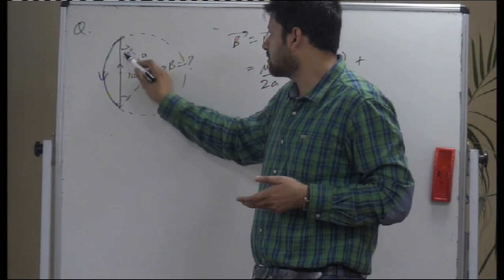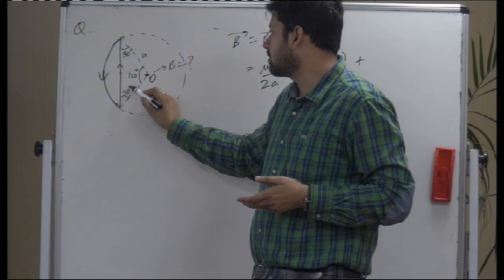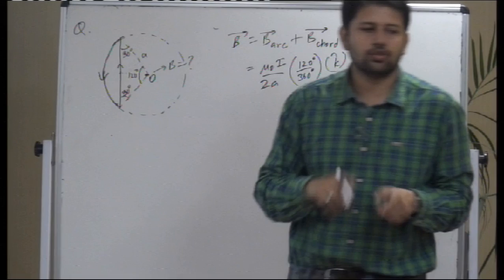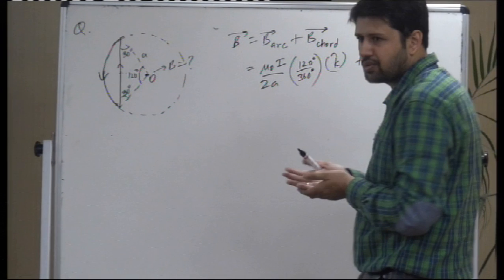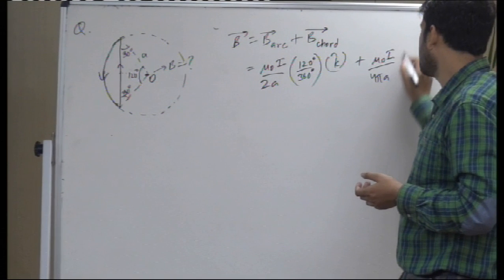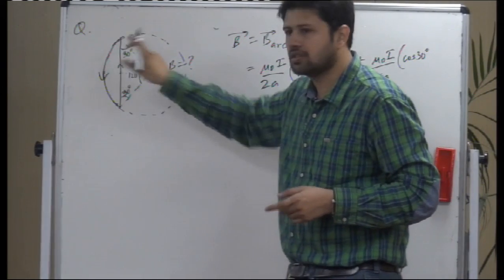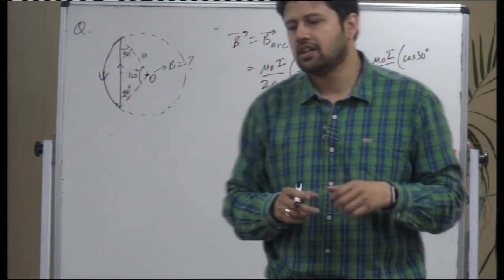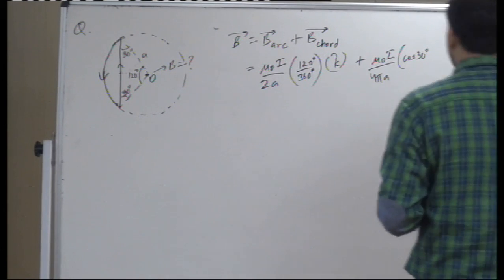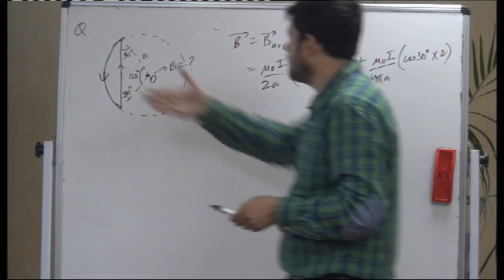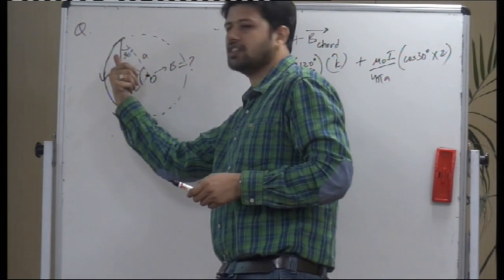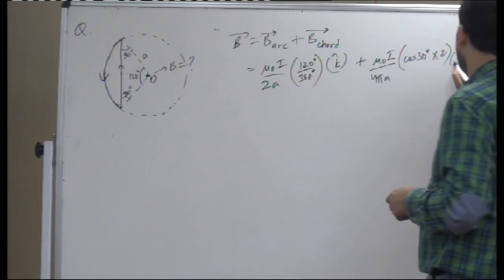So you know the angles alpha and beta, or phi 1 and phi 2, whatever you may call them: mu naught I by 4 pi a cos 30 degree. For corner angles you take cos, into 2. The other one is also 30, right? The direction would be inward, so minus k cap.